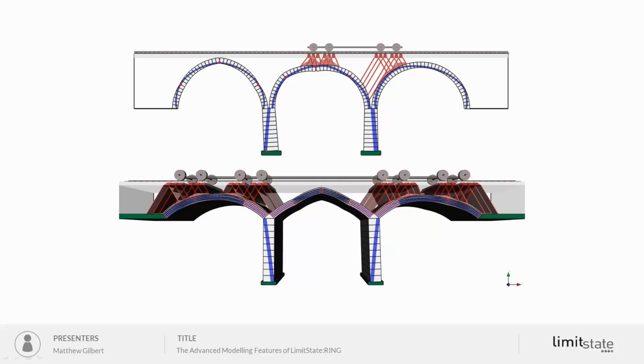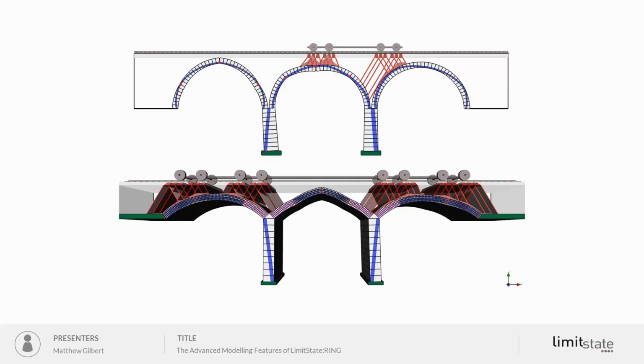Right, the first slide is just going to show you a couple of screen grabs from the LimitState Ring software, just to give you an indication of what we're all about. The upper image shows a free-span bridge with railway loading, quite straightforward. The lower image gives an indication of some of the more advanced features that we can use using this software.